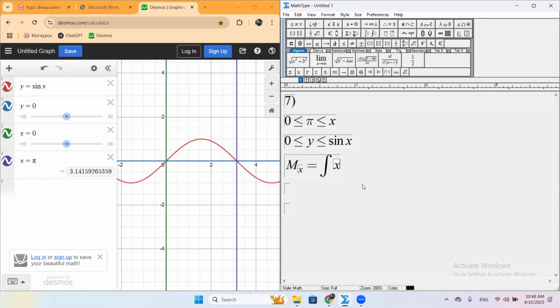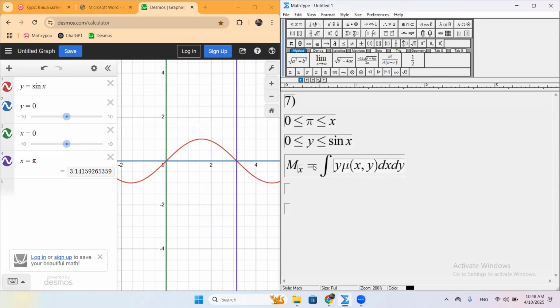So, yeah, actually static moments are the following. So for x, multiply y by mu of x, y.